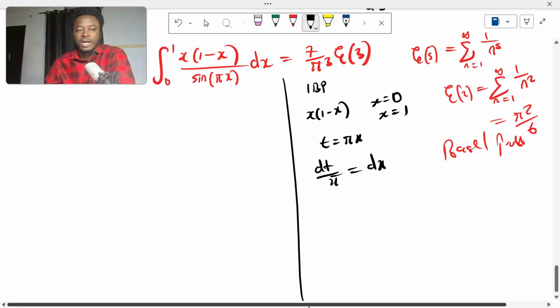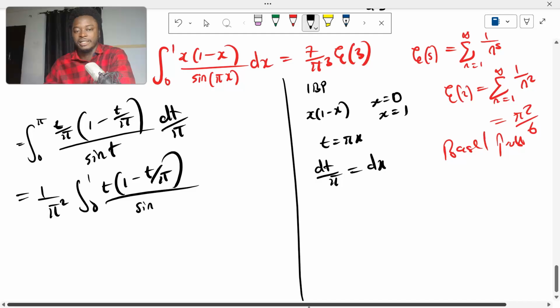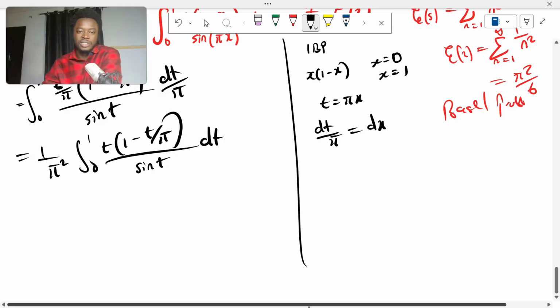So you would have the integral from 0 to pi of, x will be t over pi, of course, t over pi times 1 minus t over pi, all divided by sine t times dt over pi. So now you can factor out 1 over pi squared. So you would have the integral from 0 to pi of t(1 minus t over pi), all divided by sine t, then dt. Now we have to do integration by parts.